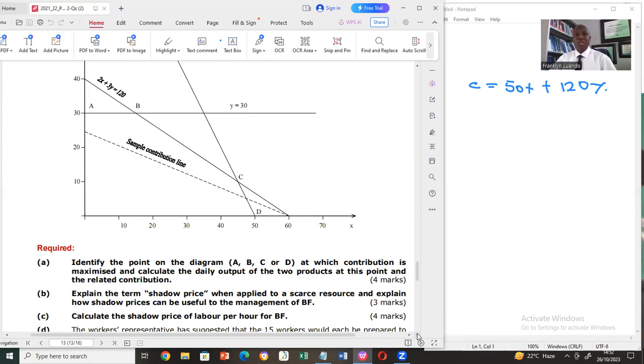The point where there is the optimum production is the one which is furthest from the origin, which is 0.